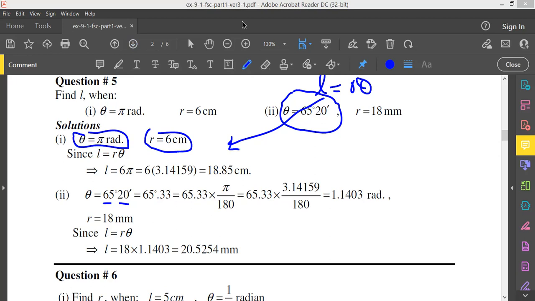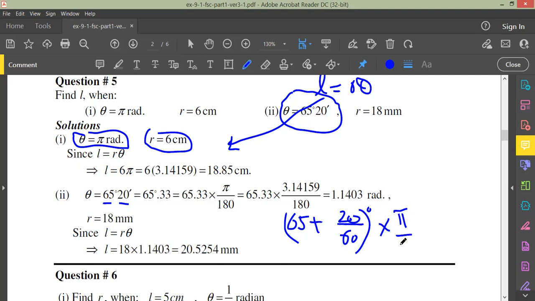Okay, now we will convert this: 65 plus 20 over 60, which will be multiplied by pi over 180, if we are going to convert this degree into radian.